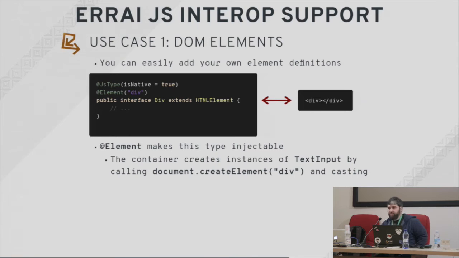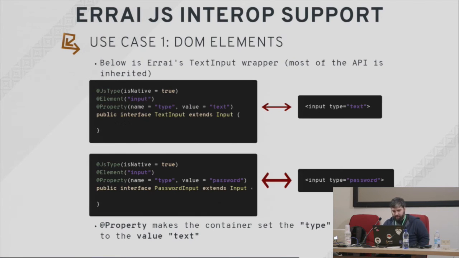This is how you declare to Errai that this JS interop wrapper is an element, and in particular an element with the tag name div. By adding this annotation, Errai will generate injectors for this type, so that when you inject a div, it will call document create element with that tag name, and just satisfy those dependencies with the browser element.